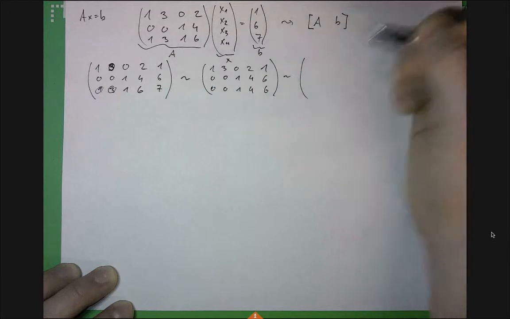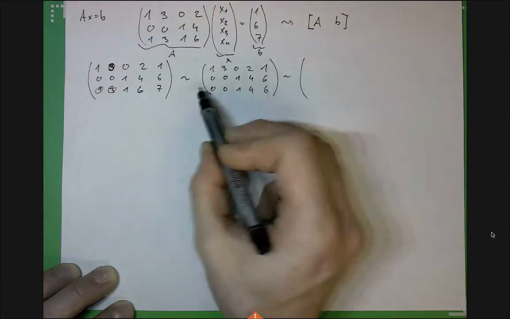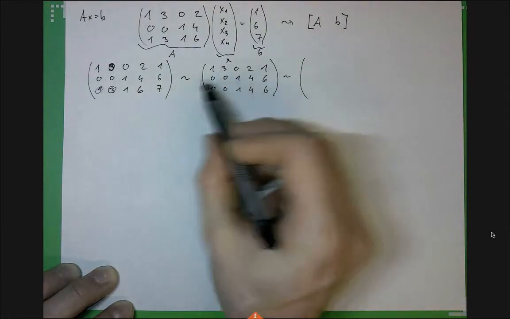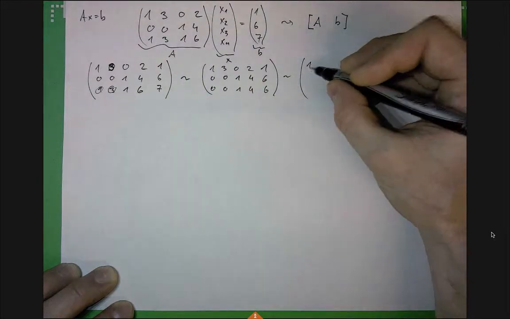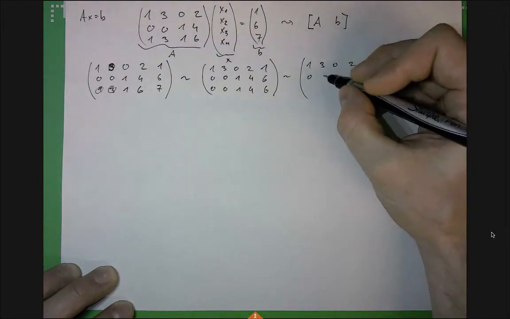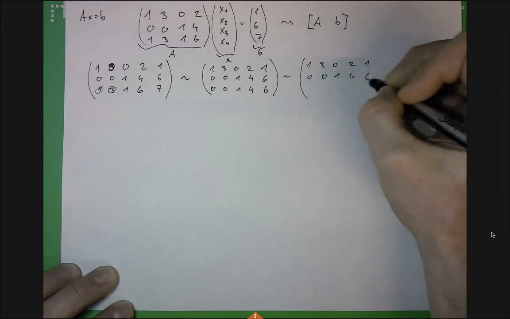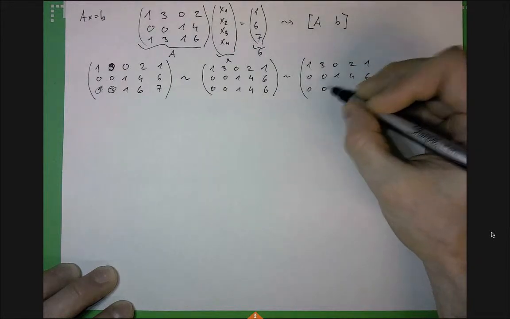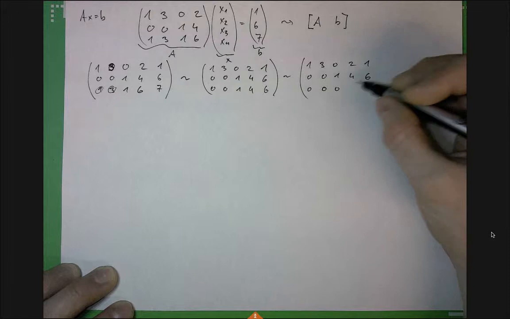I can eliminate again, so this time I can eliminate this whole last guy by adding -1 the second row. So what I will get is this: 0, 0, 1, 4, 6. I just copy that, and the last row completely disappears.